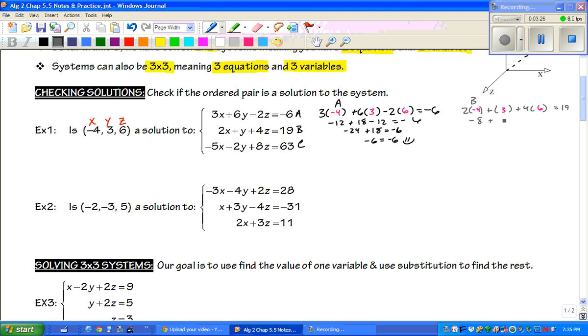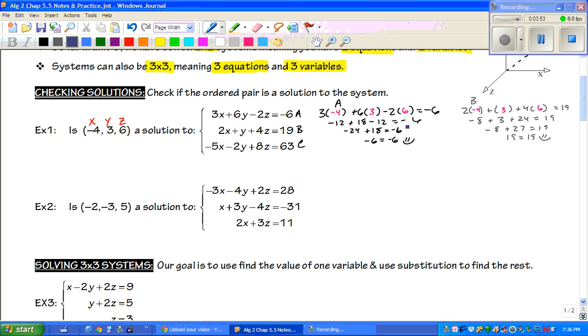So you get -8 plus 3 plus 24 equals 19. Kind of doing the same thing. I'm going to combine the positives right now, which gives us -8 plus 27 equals 19. And then 19 equals 19. Woohoo! Okay, well, don't get excited because we got one more to do.